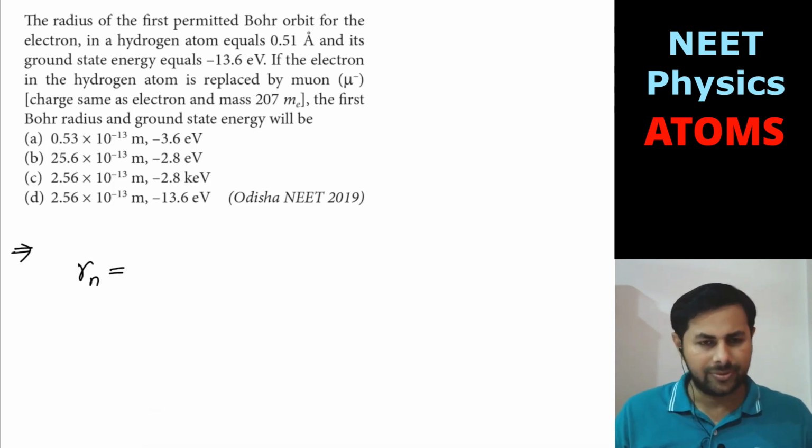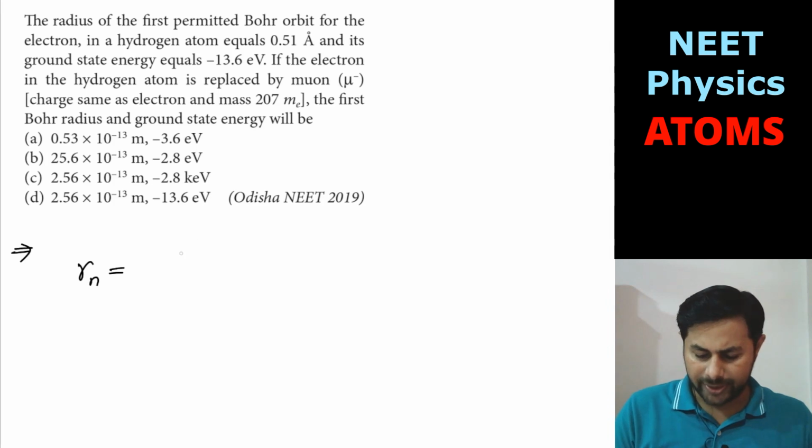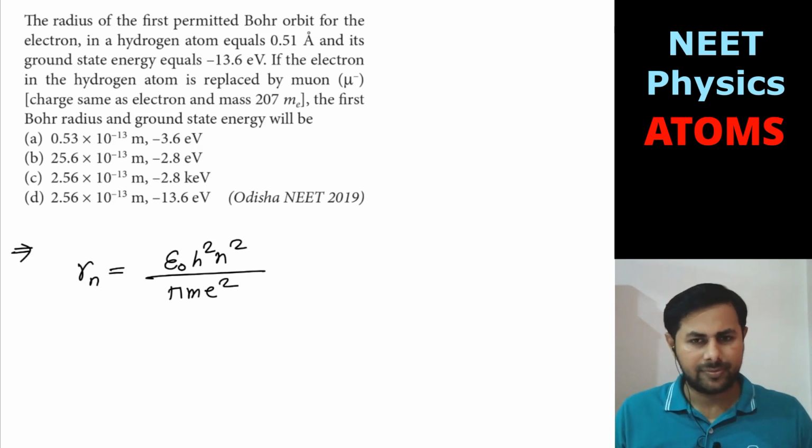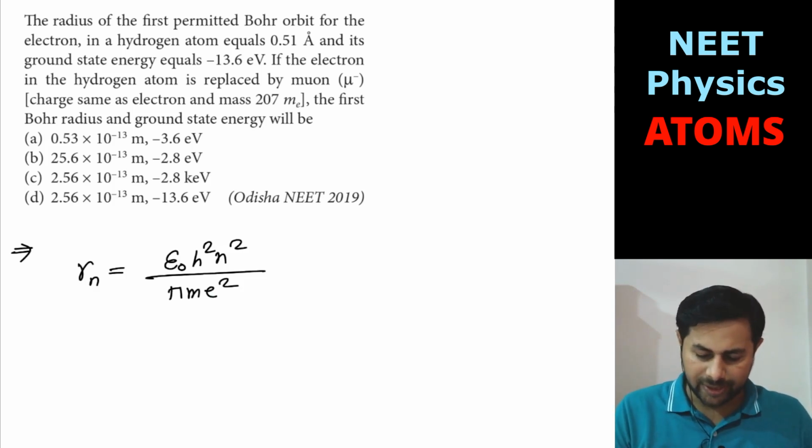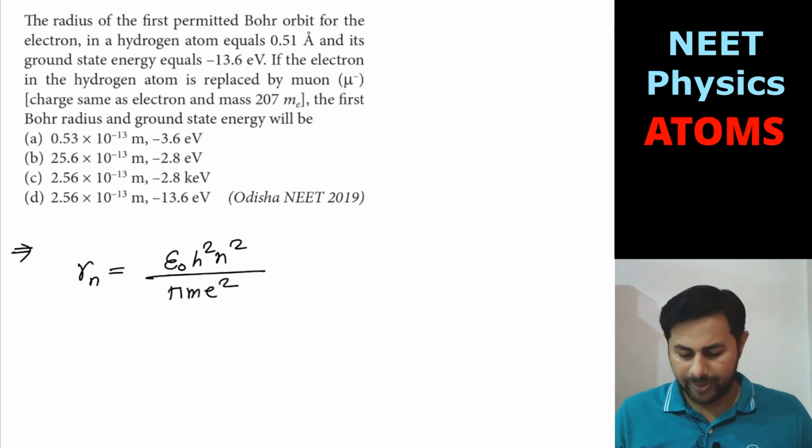Rn is equal to epsilon naught h square n square by pi m e square is the formula, right? And now they are asking what will be the radius for muon. So the mass of electron has to be replaced by the mass of muon.